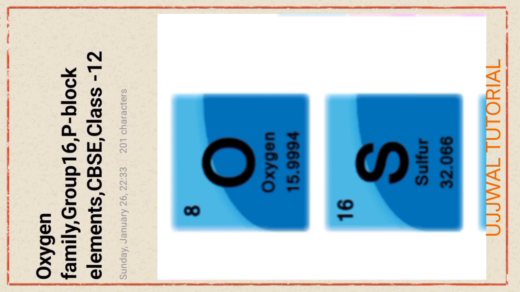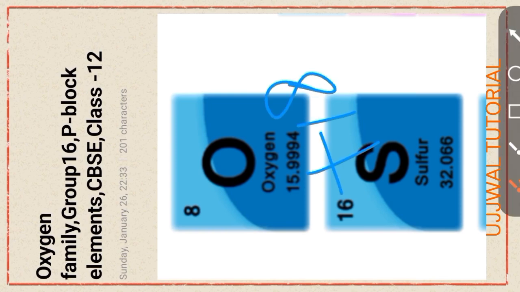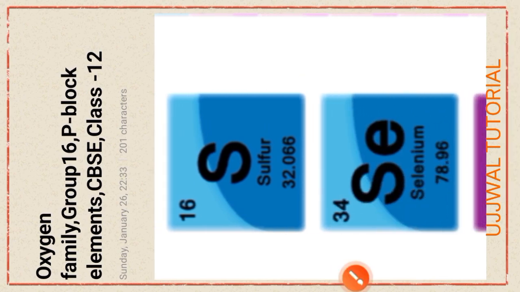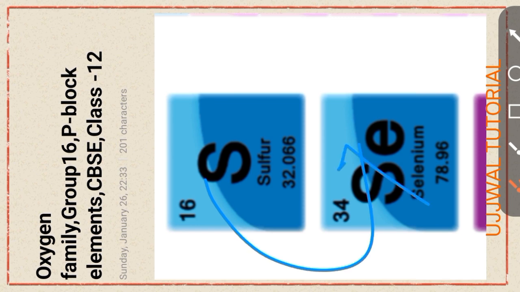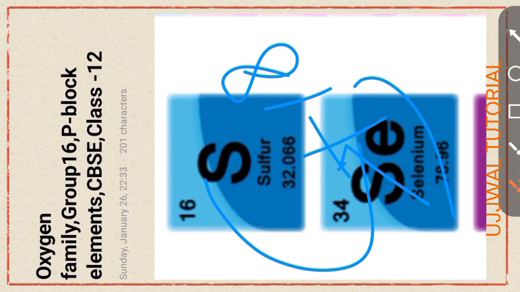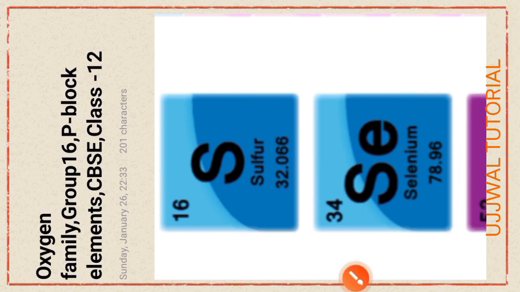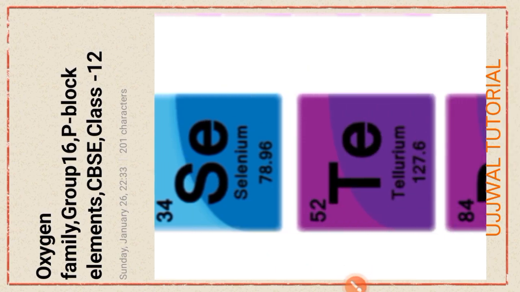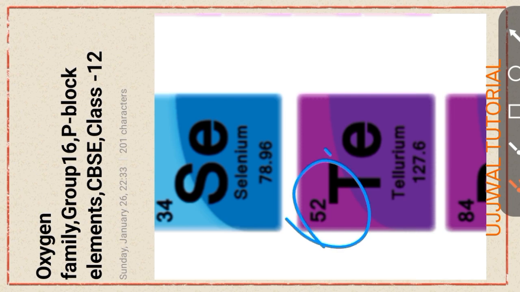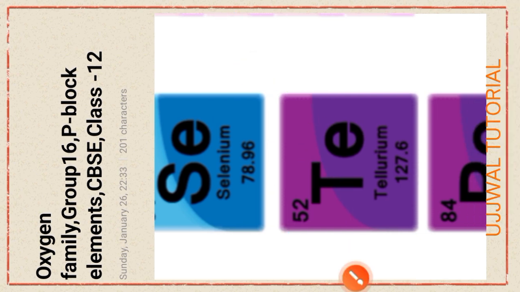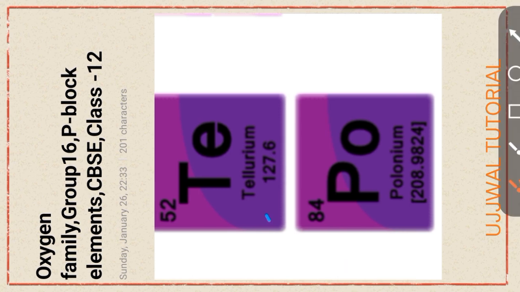Adding 18, the atomic number of selenium is 34. Adding 18, the atomic number of tellurium is 52. Adding 32, the atomic number of polonium is 84.